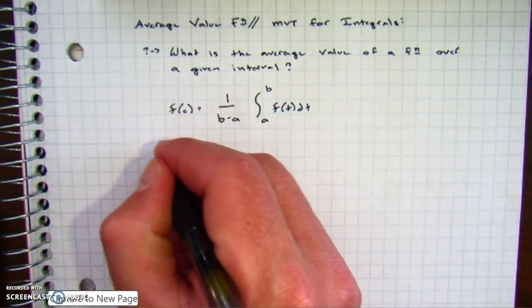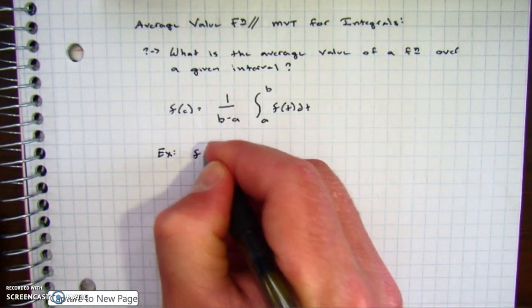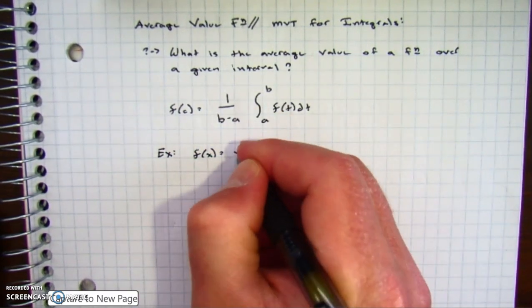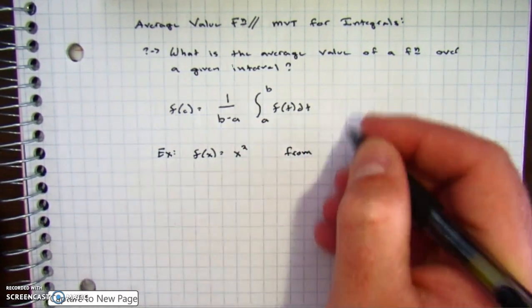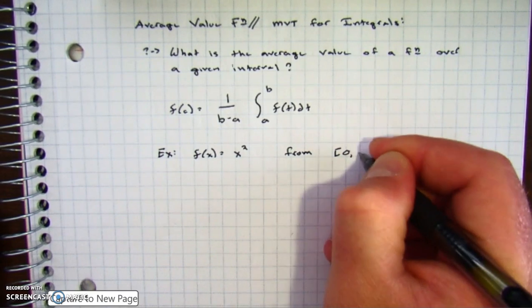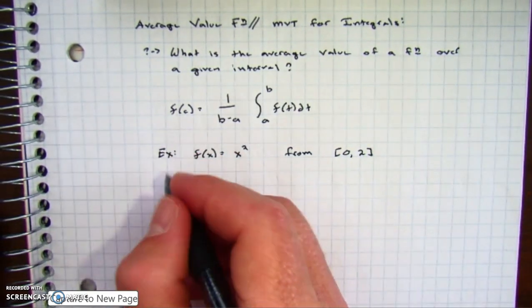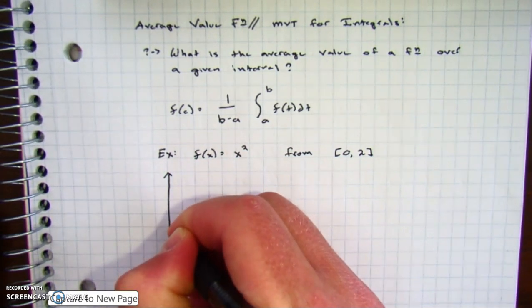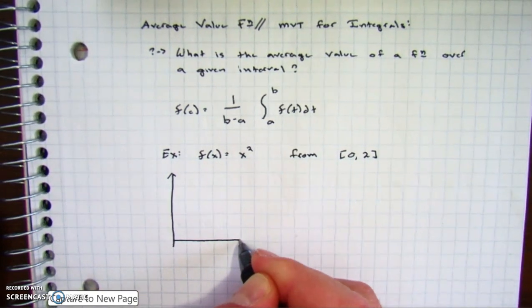Let's use a fairly easy equation. Let's say f of x equals x squared, from 0 to 2. Here's the graph of our function, and we'll put a few lines there, 1 and 2.